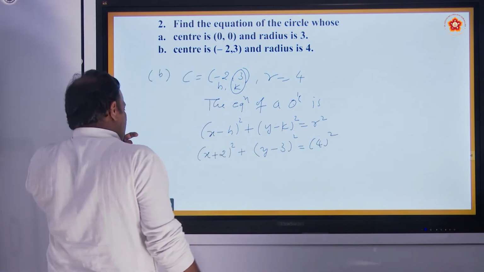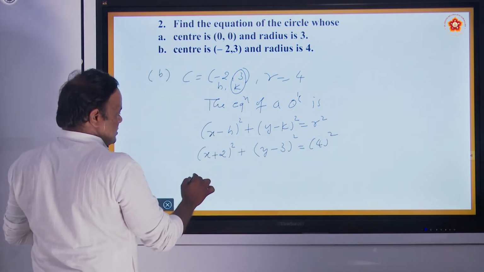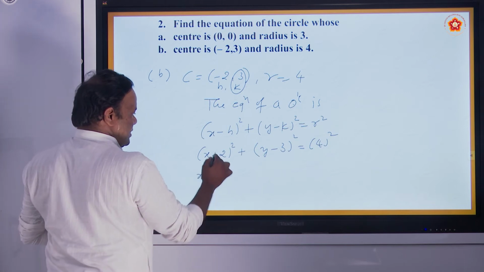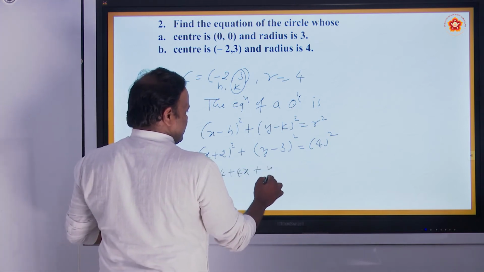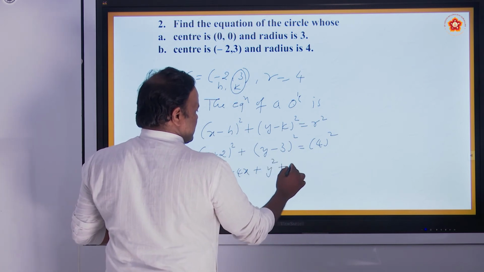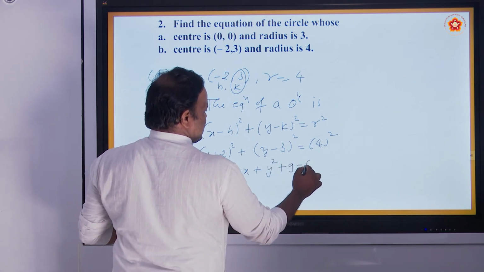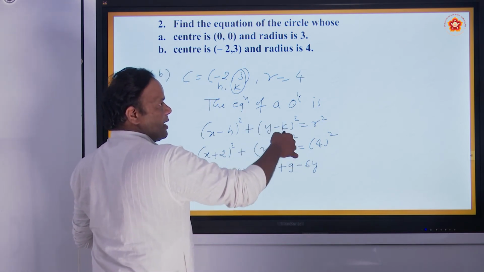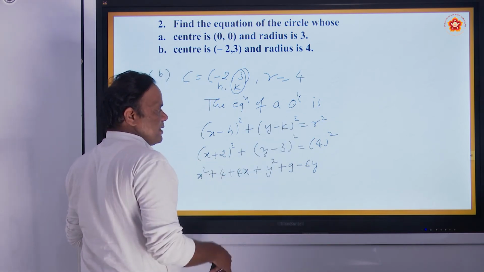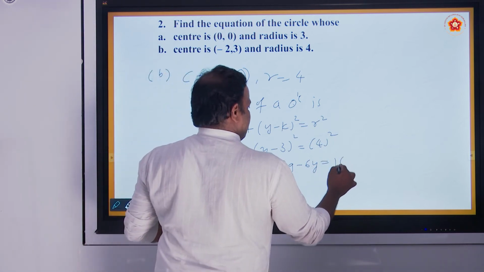Okay, now expand this. (a plus b) whole square is a square plus b square plus 2ab. And (a minus b) whole square is a square plus b square minus 2ab. So 2 into y into 3, 2 times 3 is 6, so 6y, equal to 16.